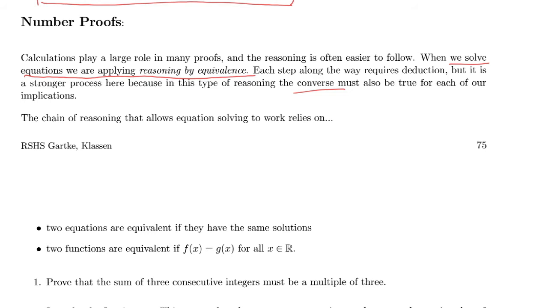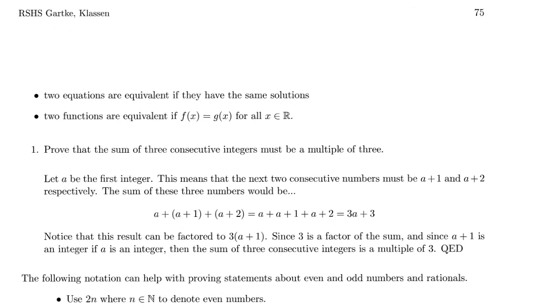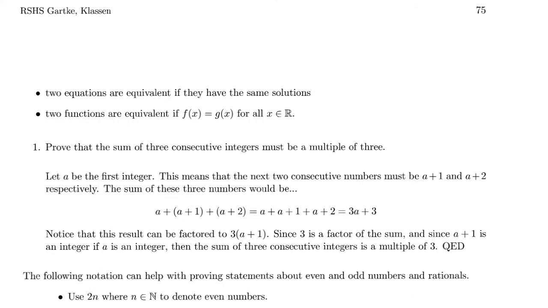Now, these kinds of proofs, or equation solving, I should say, because that's ultimately what we're doing, when we apply that kind of reasoning, it is really based on the assumption that two equations are equivalent if they have the same solutions, and two functions are equivalent if f(x) and g(x) are equal for all values of x.